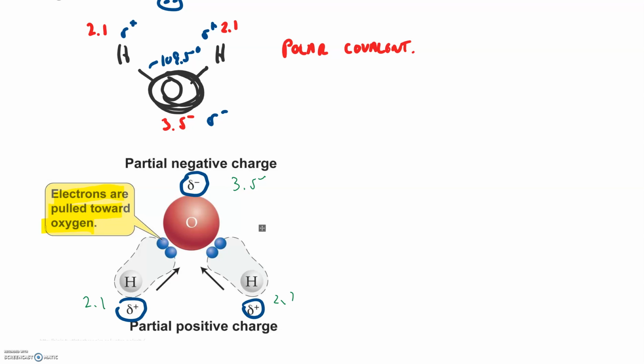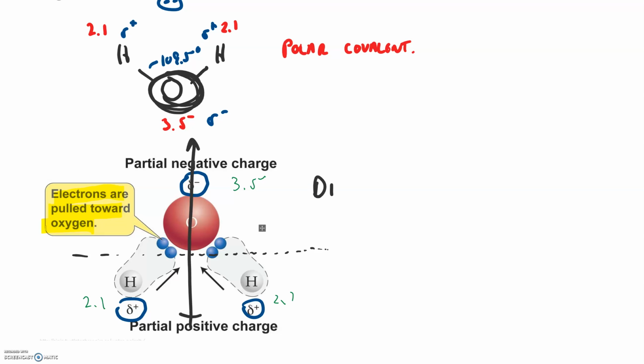What we're concerned with is that this molecule has a positive side and a negative side. This is what's called a dipole. It means this is the positive end and this is the negative end. Typically, what we do is draw a small arrow and make one end of it look like a positive sign.